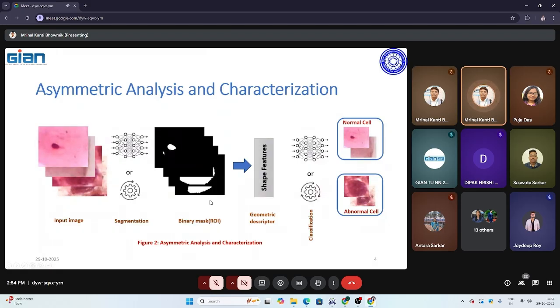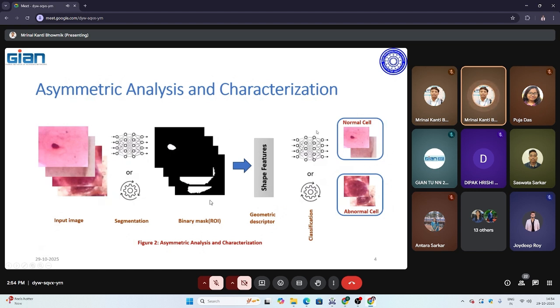This nucleus area will act as a binary mask for finding the shape features, and from this binary mask we can calculate these shape features. These shape features will act as a geometric descriptor for our classification task, a geometrical descriptor of the nucleus structure and shape.